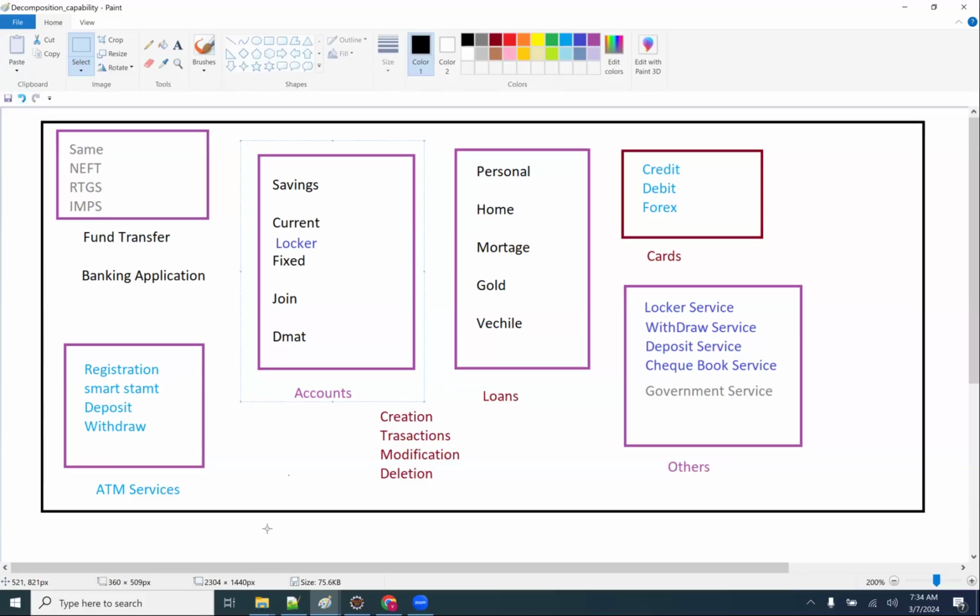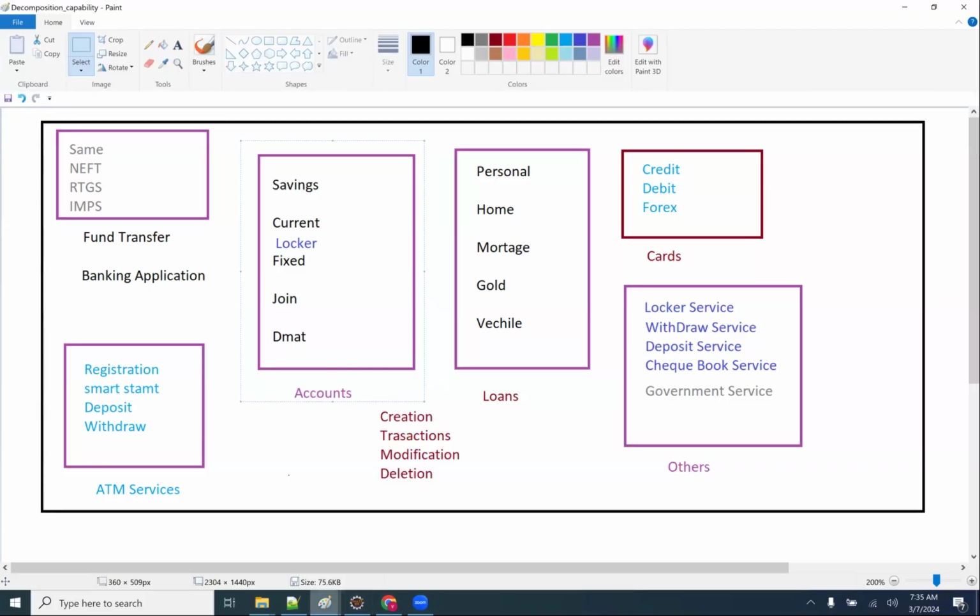Mortgage loan is also related to property. Gold loan involves gold verification, gold purity, and percentage of amount. Vehicle loan, right?